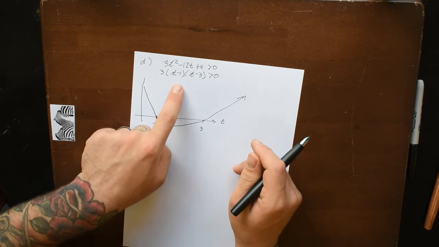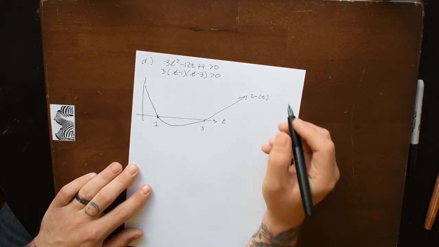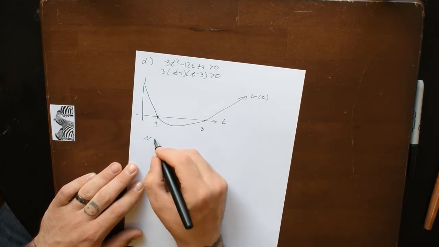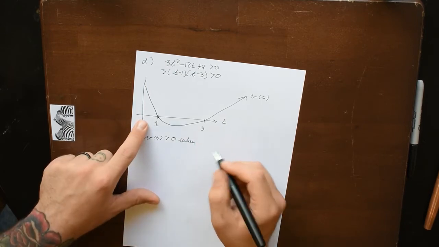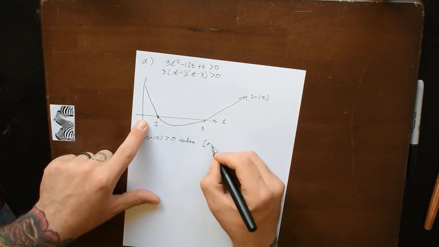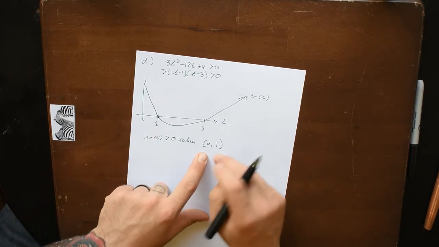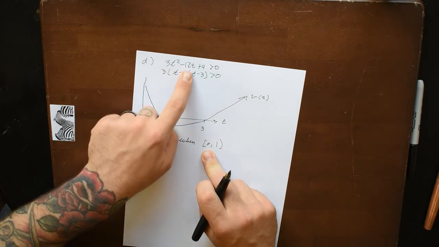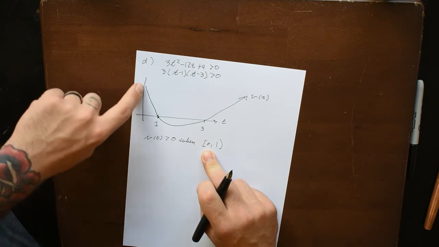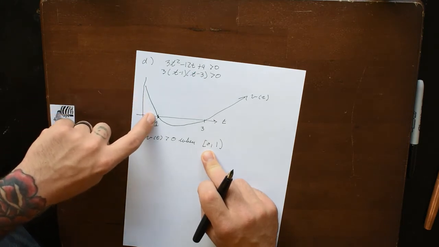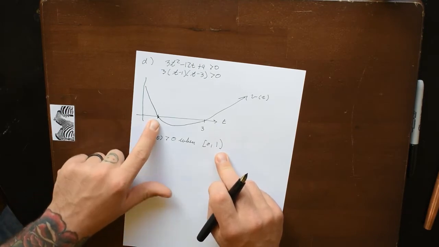So we can see graphically, and this is our velocity as a function of time, that velocity is positive anywhere from 0 off to 1. We put a closed bracket on 0, because if we plug 0 into this equation, we get a positive 9 out. We know we're positive at the end point. Graphically, we know we're positive all the way to here. We don't put a bracket on 1 because we're neither positive nor negative at that point.